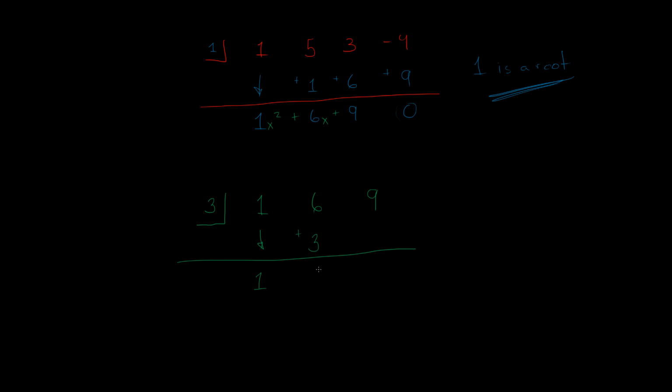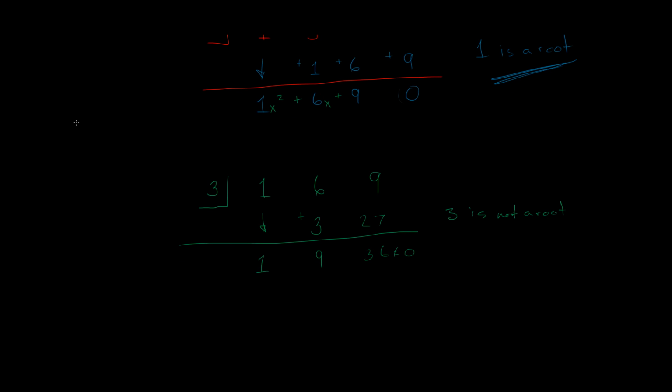Add these up, gives me 9. Now 3 times 9 gives me 27. 9 plus 27, well, that's 36, which doesn't equal 0. So 3 is not a root.